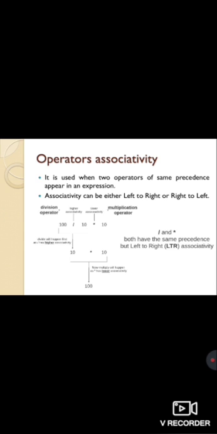So in the expression 100 / 10 * 10, the division operation will perform first. As a result of the division operation, what we get? 10. Next, the multiplication operation will perform. So 10 * 10 = 100. So the final result becomes 100.